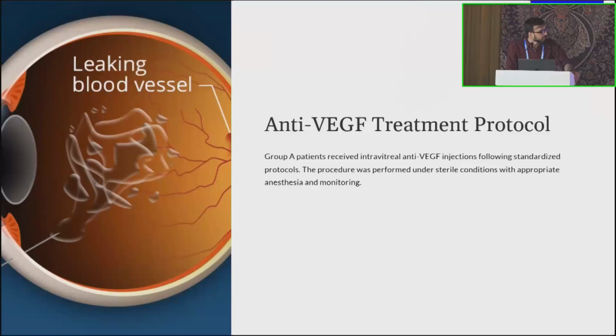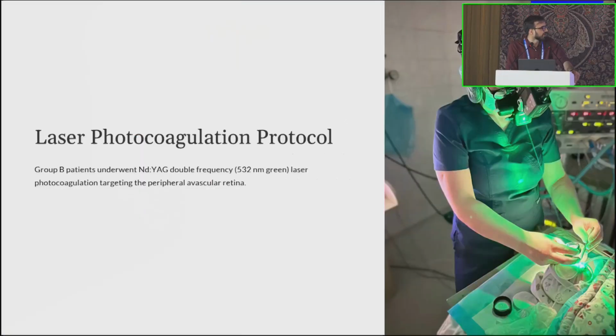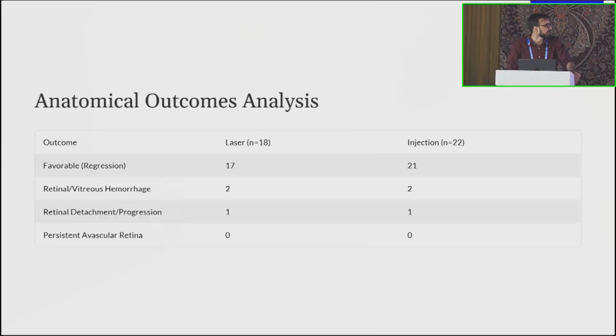Anti-VEGF was given in group A under a standardized protocol, and laser was given with Nd:YAG double frequency green laser targeting the avascular area. On anatomical analysis, 17 patients out of 18 showed regression, and 21 patients out of 22 showed regression, showing favorable outcomes.